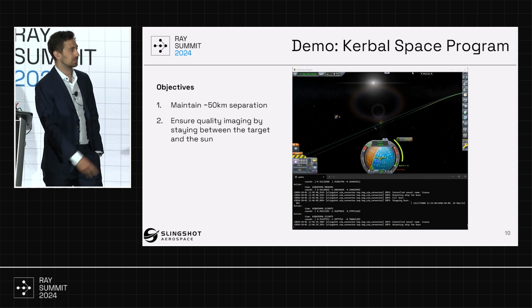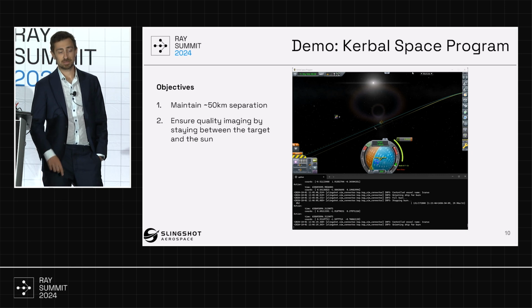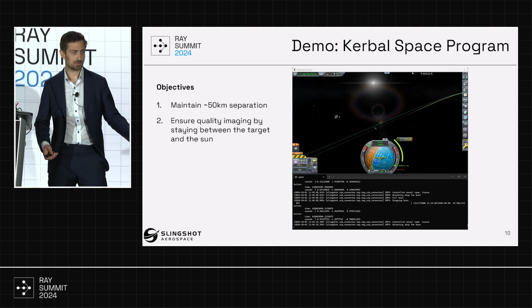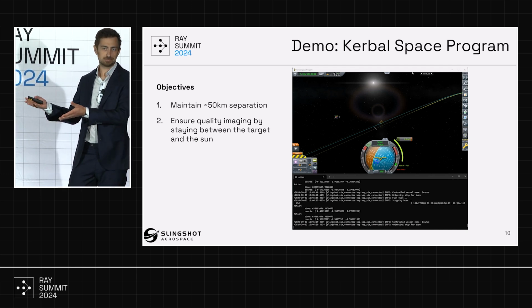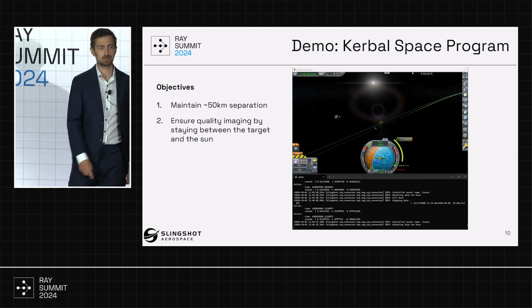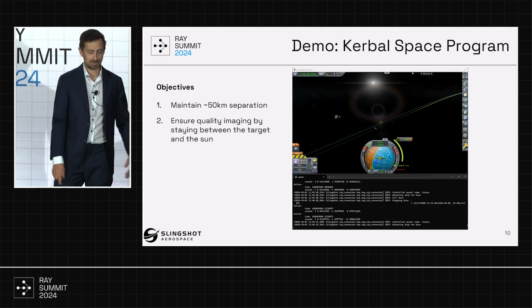But for the purpose of this demo and to show the extensibility and generalizability of this architecture, I was able to put together a simulation connector that just ran in Kerbal Space Program instead of our other proprietary simulation engine that we have spent all this time on.